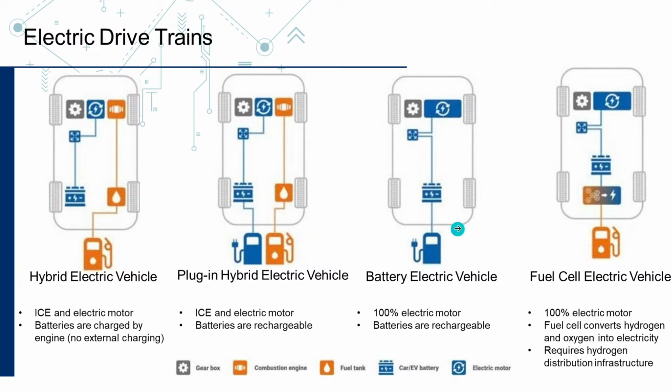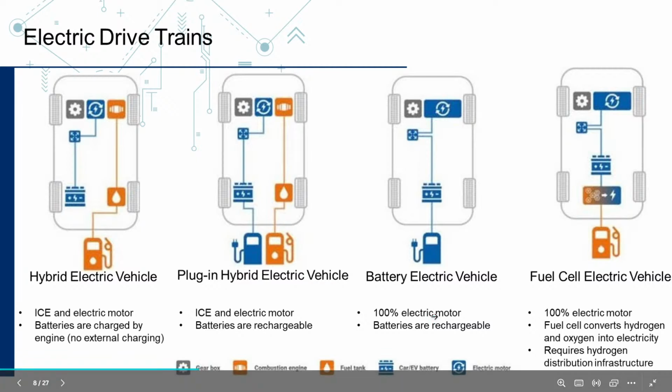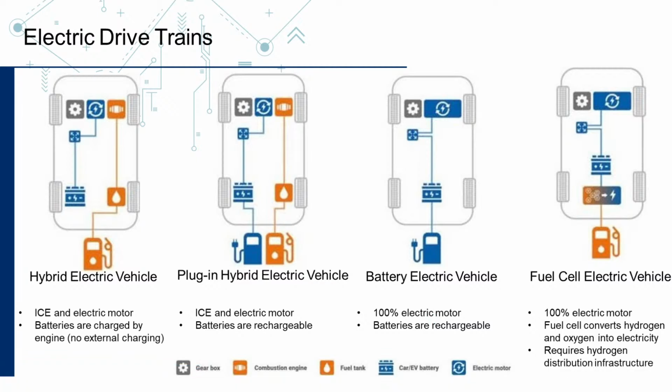Next one is the battery electric vehicle. What is this BEV? Battery electric vehicles are entirely powered by electricity only, stored in a larger battery pack. They do not have an internal combustion engine and they produce zero tailpipe emissions.